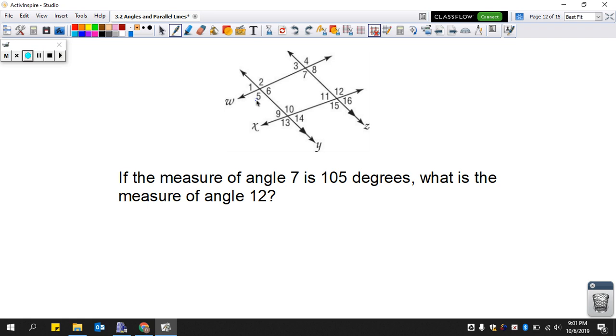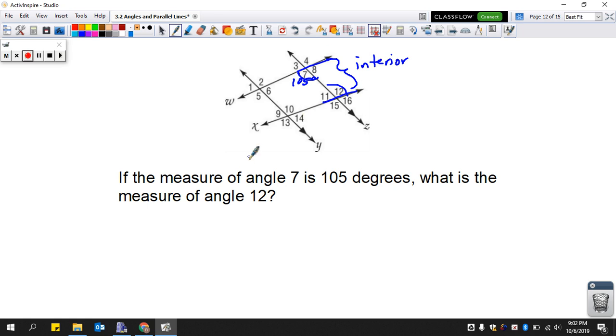All right, if the measure of angle 7 is 105 degrees, what's the measure of angle 12? Well, look, 12 and 7 are both interior, because they're between the two parallel lines.